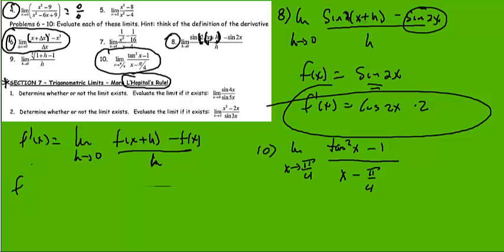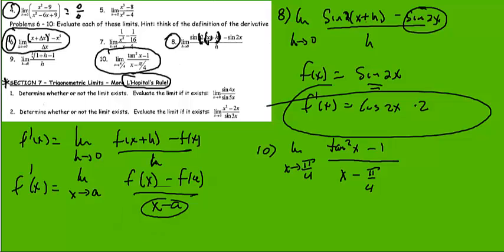But there's also a second definition we had in the textbook, and that is the limit as x goes to some value a of f of x minus f of a, all over x minus a. That means as x gets closer to a, that's the change in x, and that's the change in y. This also gives us a derivative, and number 10 is stated in this format.